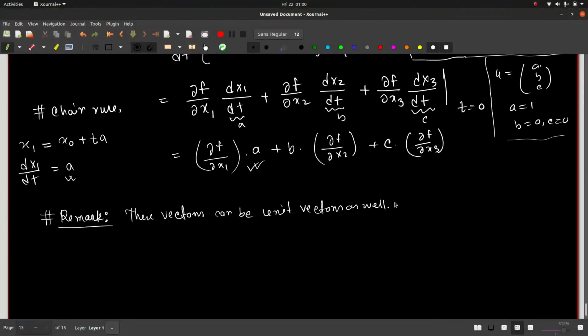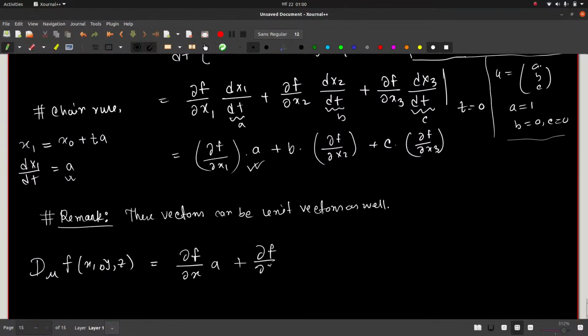So that's one motivation to keep those vectors as unit vectors. So this would be our final formula for computing directional derivatives. F of x, y, z is given as del f del x a, del f del y. I'm just using x1 as x, x2 as y, but you can keep x1 and x2 as well.